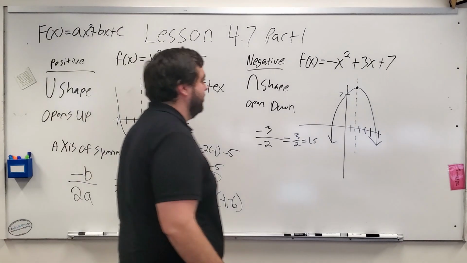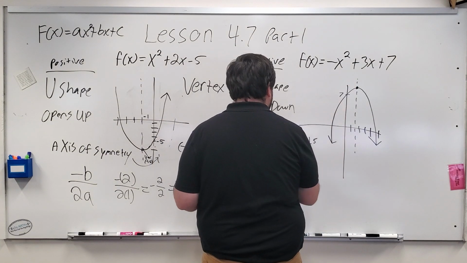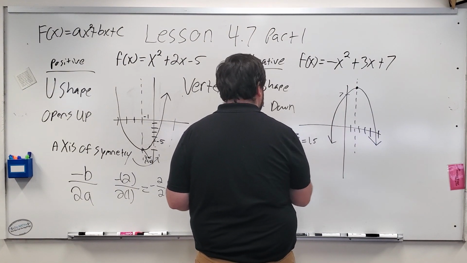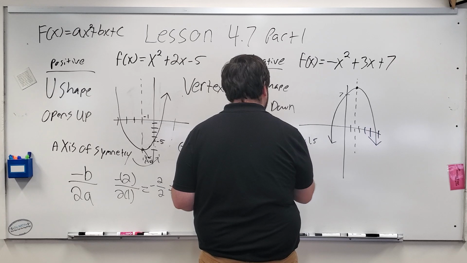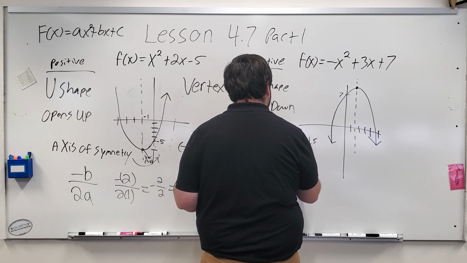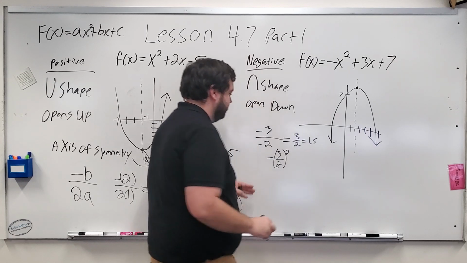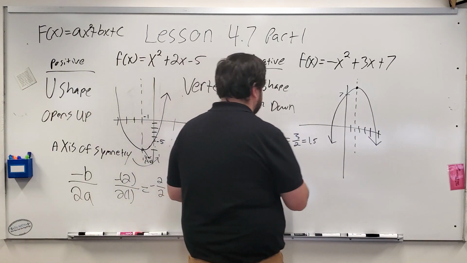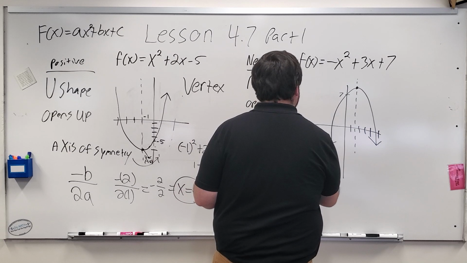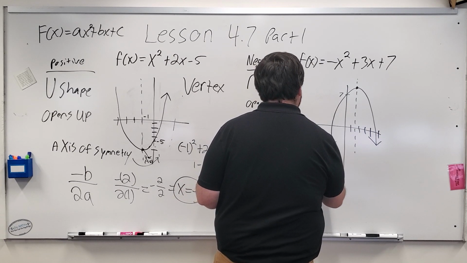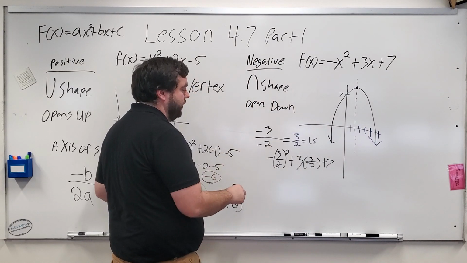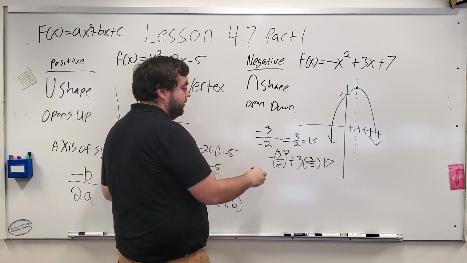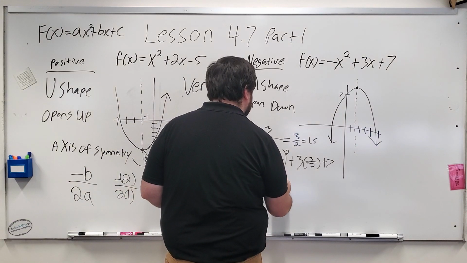I can plug it in over here as well. I get negative 3 over 2 squared. Right? And write it like that. Plus 3 times positive 3 over 2. Plus 7. So first we do our squaring. 3 over 2 squared becomes 9 over 4.